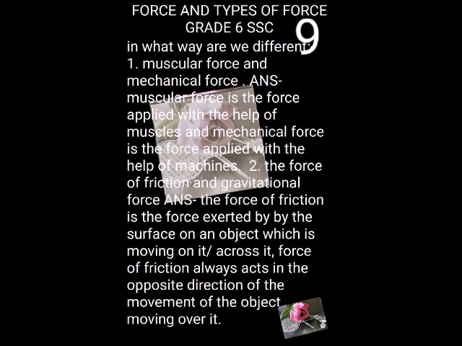The force of friction and gravitational force. The force of friction is the force exerted by the surface on an object which is moving on it or across it. For example, if we are running, the only reason that we don't fall or slip is because there is a frictional force in application between our feet and the ground below.